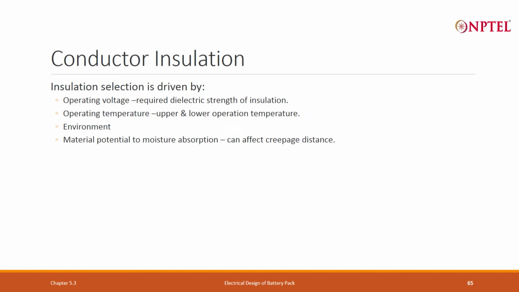If my bus bar is covered with the insulation or conductor insulation material, it should not allow dust or humidity to corrode or to form a metal oxide. Even if some moisture is there, it should not fail and should not allow moisture ingress to the conductor.